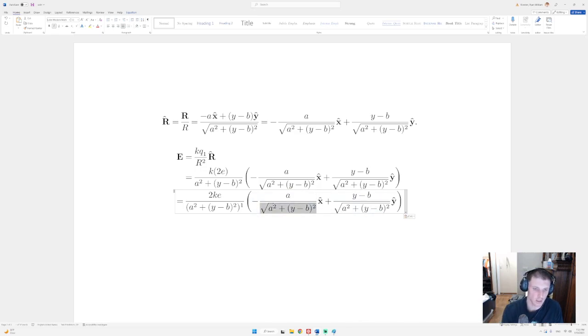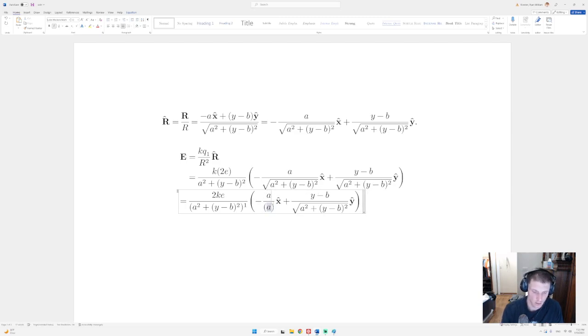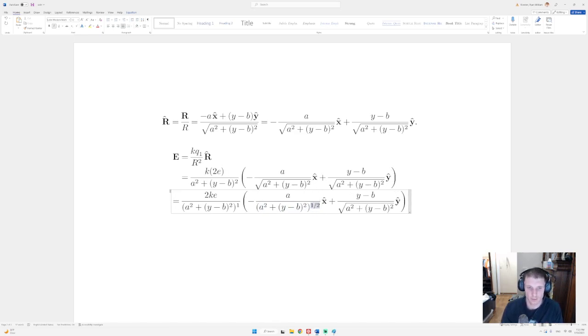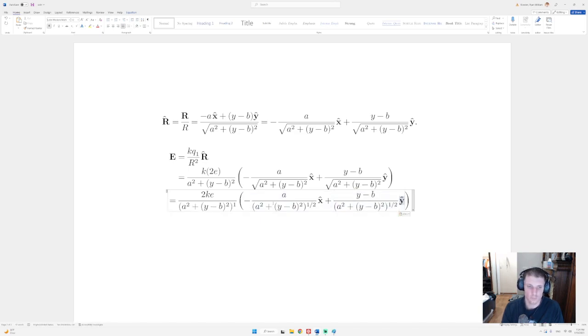We could write something like this then, because remember a square root is basically the 1/2 power. So I could write a squared plus y minus b quantity squared, then take this whole thing to the 1/2, and then do the same thing for the other denominator, like so.